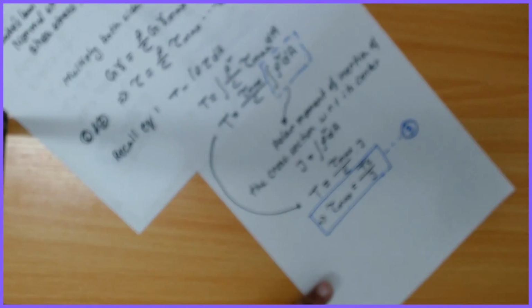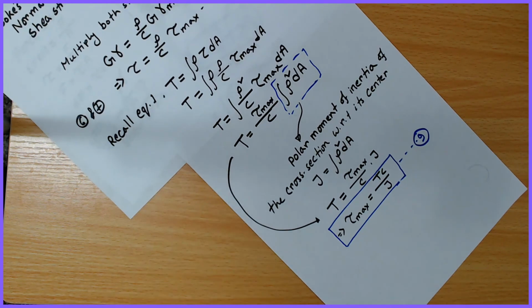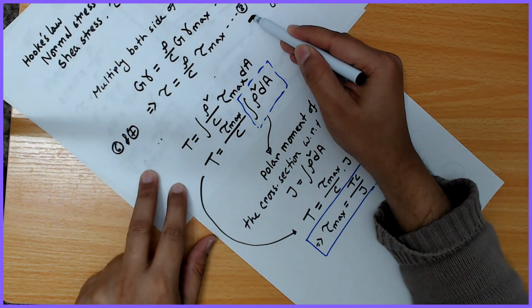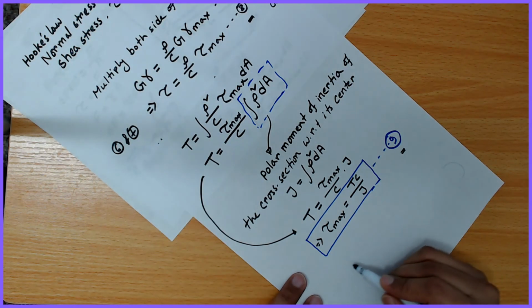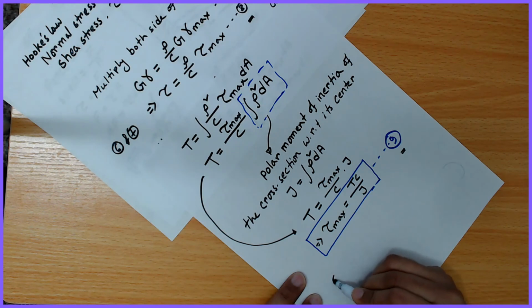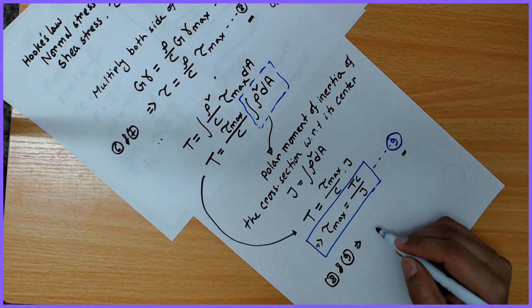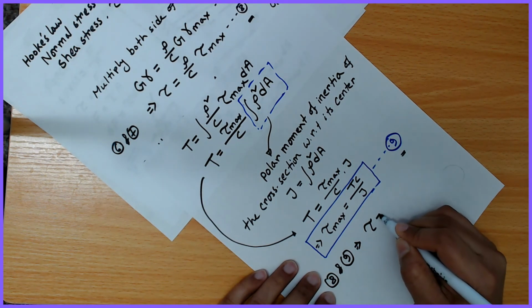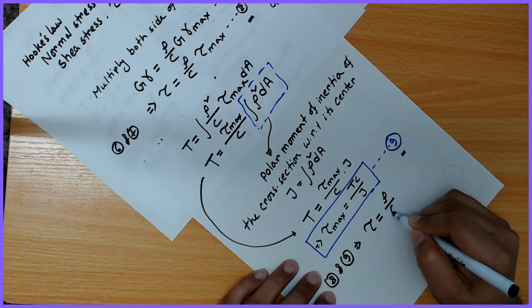Now, if we combine equation 8 and equation 9, we can write tau is equal to rho by C tau max.